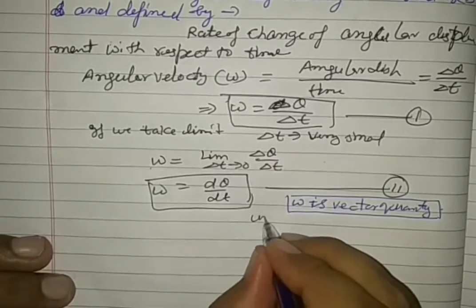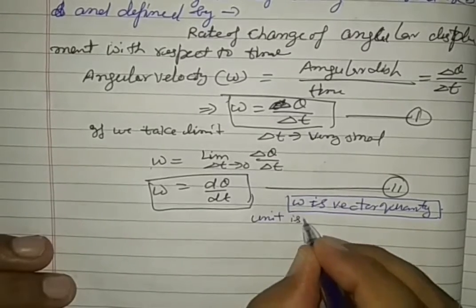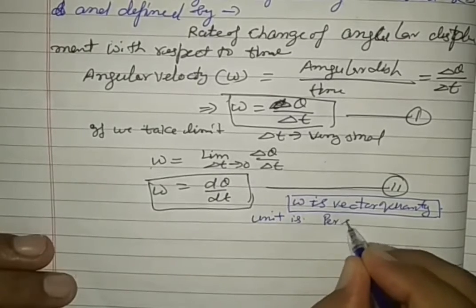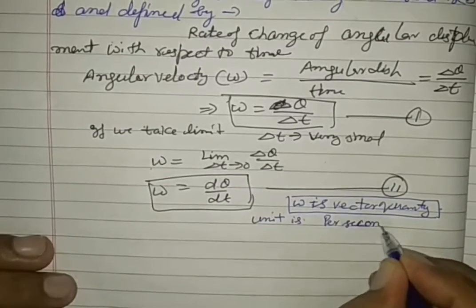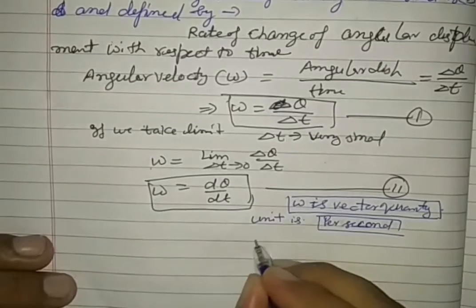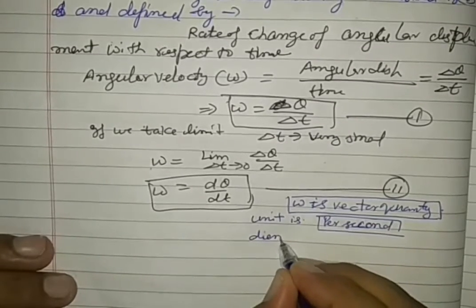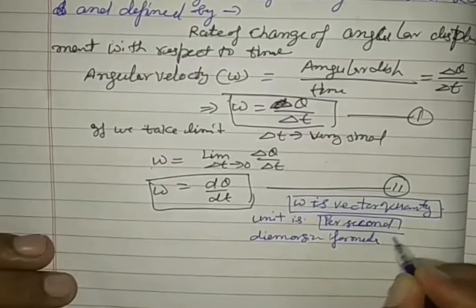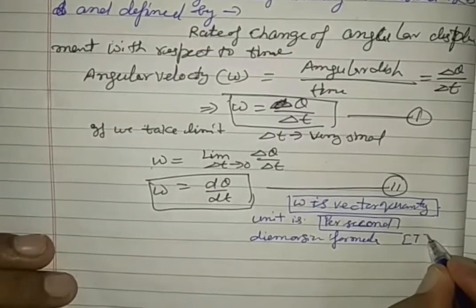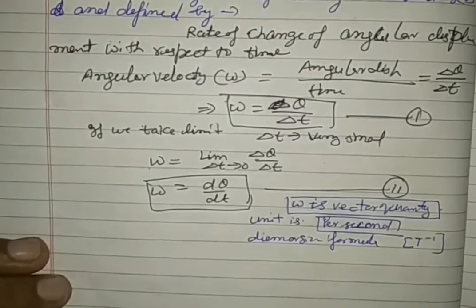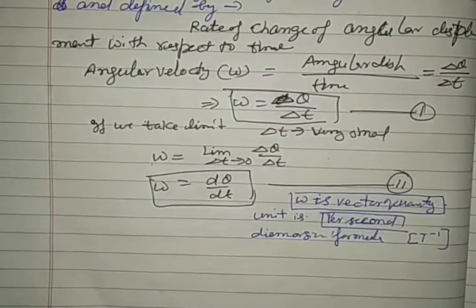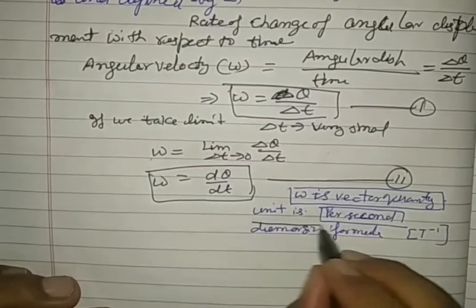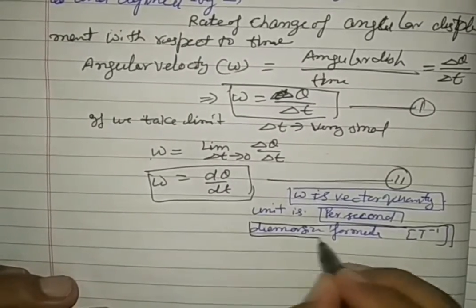Its unit is per second, and the dimensional formula is T to the power minus 1. So the unit is clear to you: per second, and the dimensional formula is T minus 1.